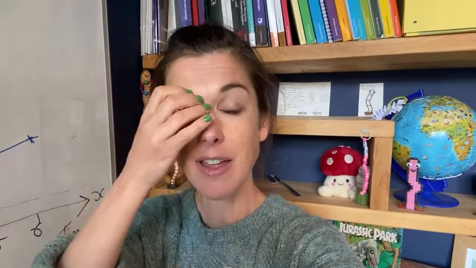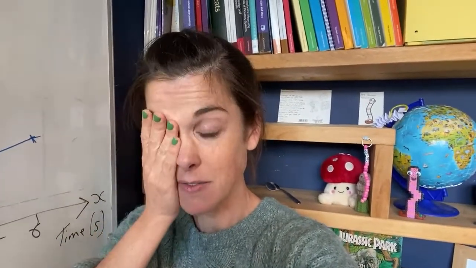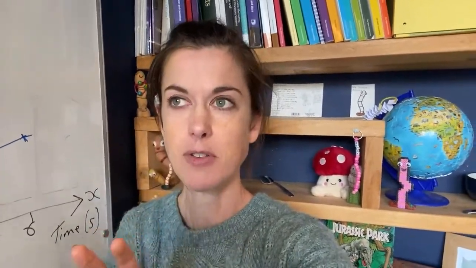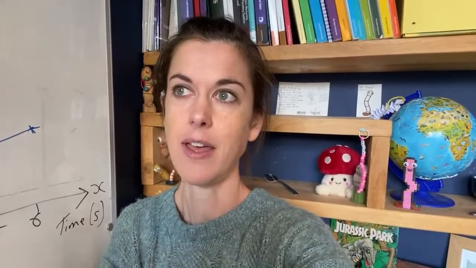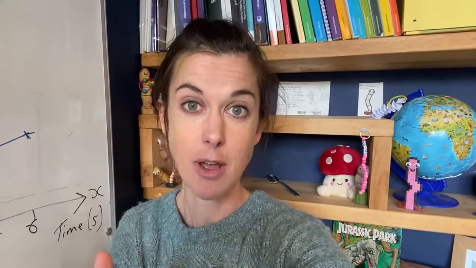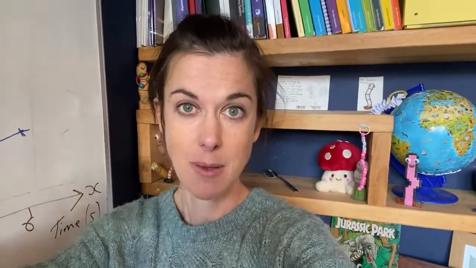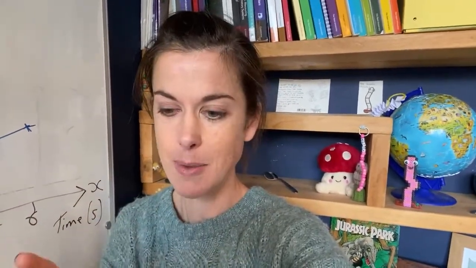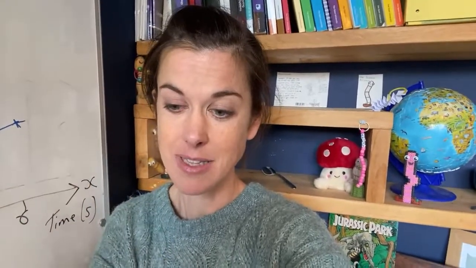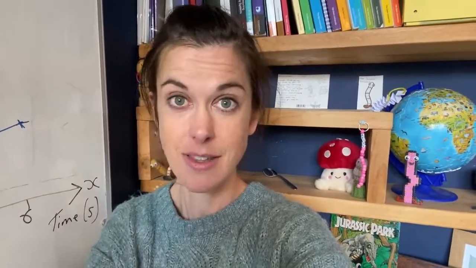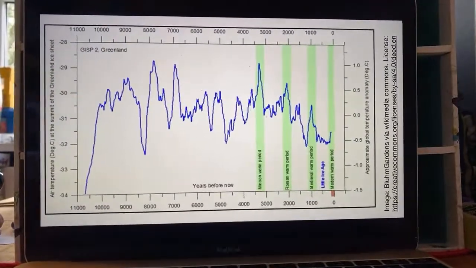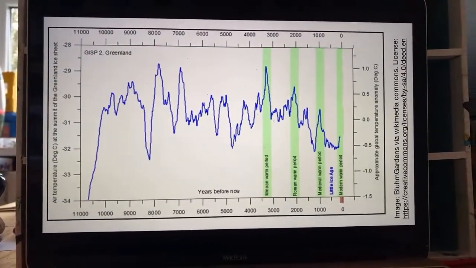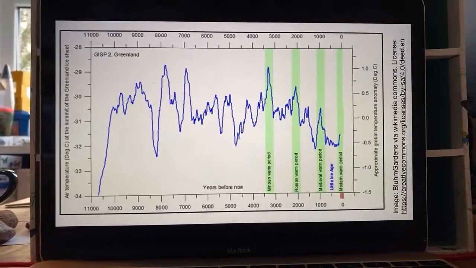If you're unlucky like me and you spend a lot of time on social media, you might come across people who don't believe that climate change is real, who don't believe that humans producing a lot of carbon dioxide is heating up the world, right? A lot of people who think that climate change isn't real will show things like this graph and say, ha, you see, this is proof. And actually, if you don't know a lot about graphs, it'd be really hard to understand why this was bad science.